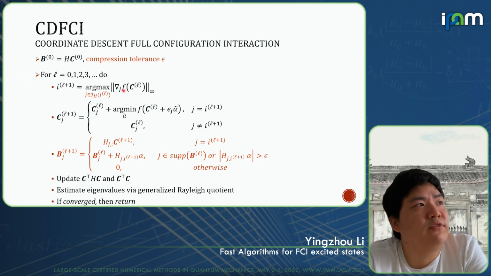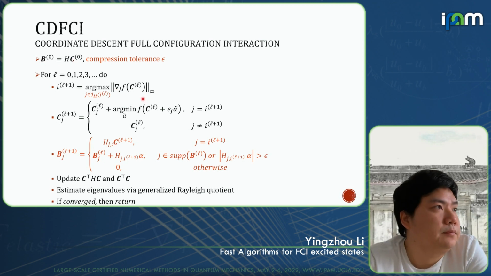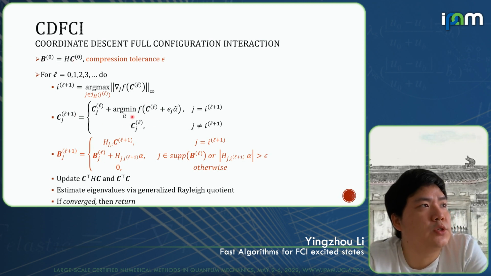And in the evaluation of this gradient, we need B and also C. In the next iteration, we do a line search for alpha, then update the IL+1 coordinate, and leave the others untouched.